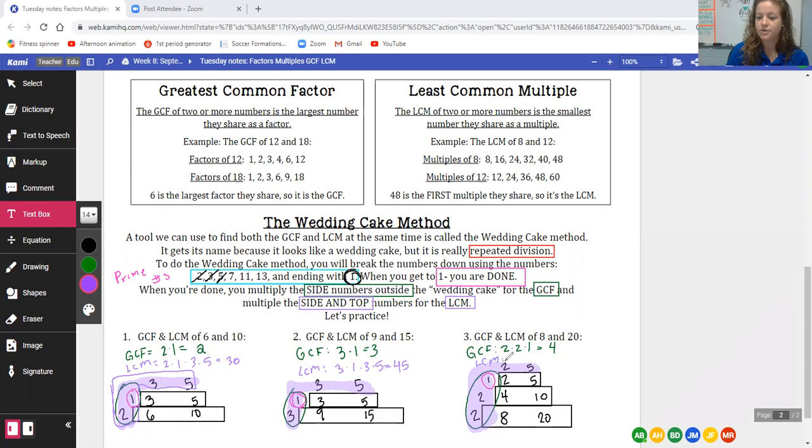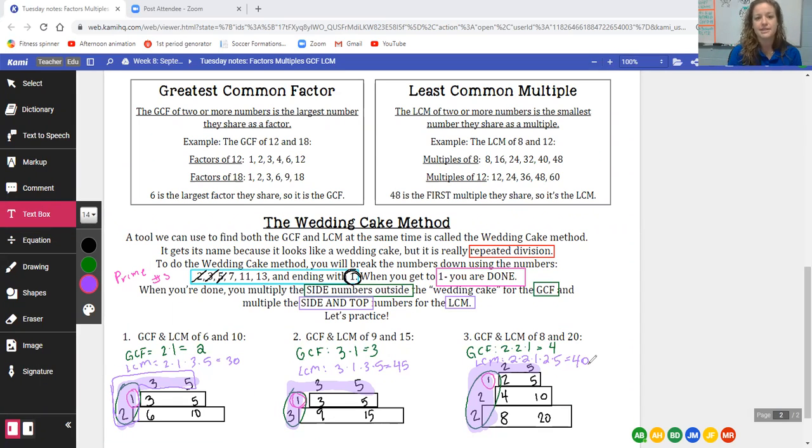So what numbers am I multiplying for that? 2 times 2 times 1 times 2 times 5, because those are all the numbers on the outside. So when I multiply those together, what do I get? 40. Very good. So we have the GCF of 4 and the LCM of 40.